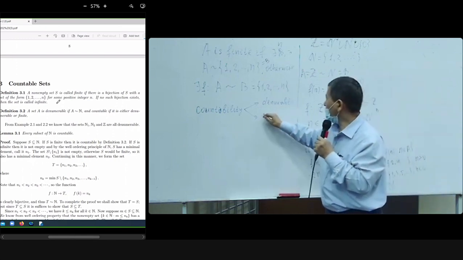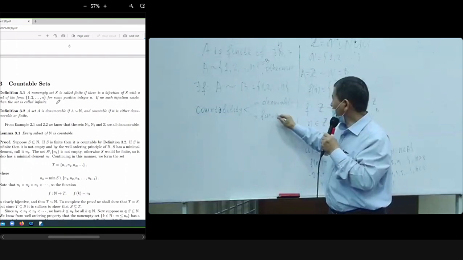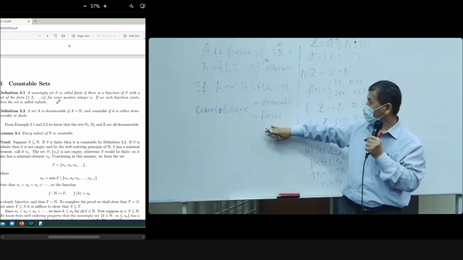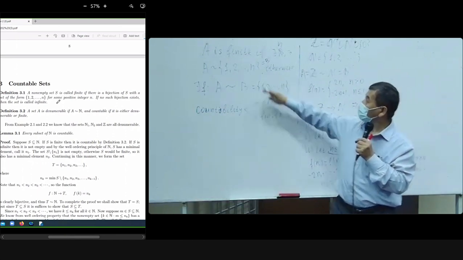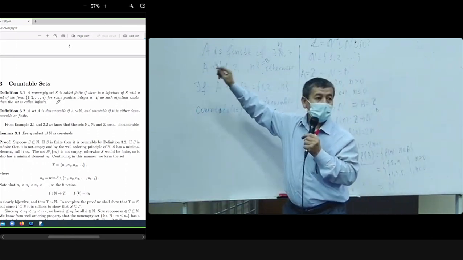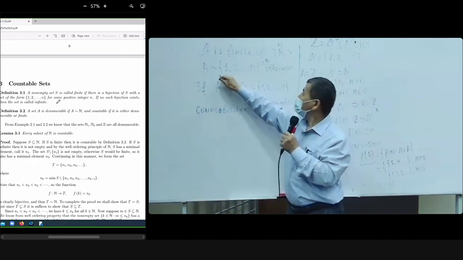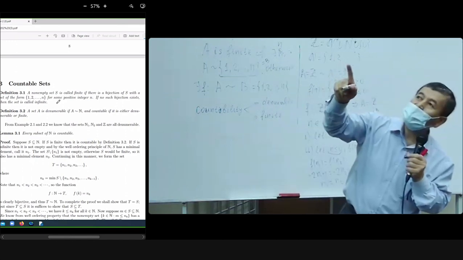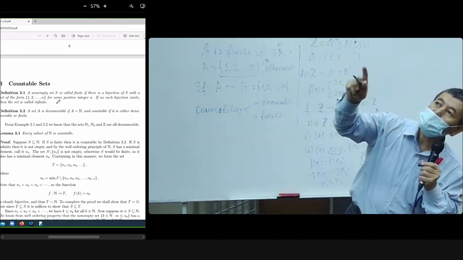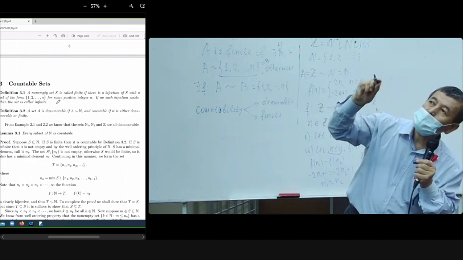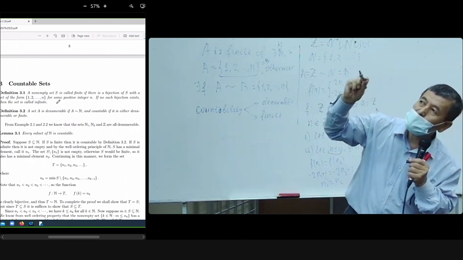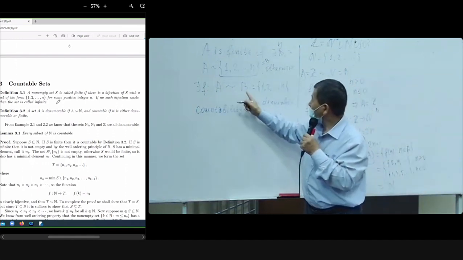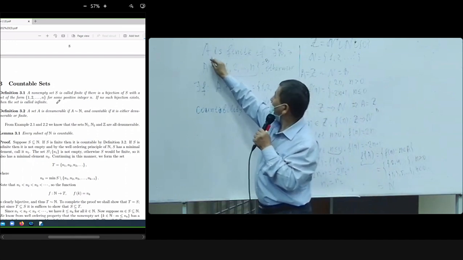Please try to catch the idea. A finite set is a set such that A is equivalent to this set. Here also we should have a bijection function f.